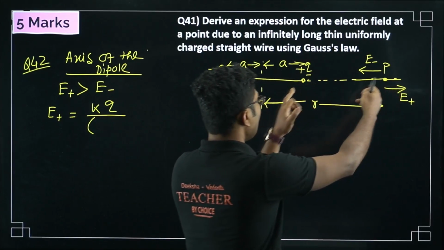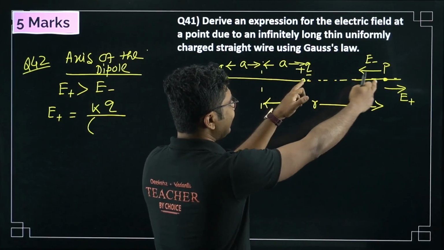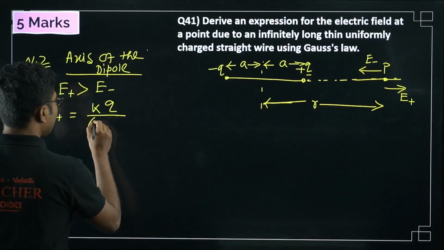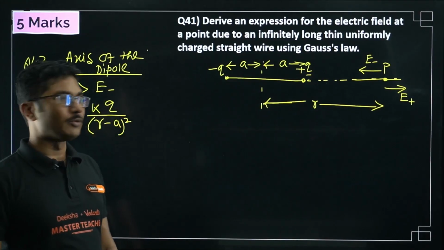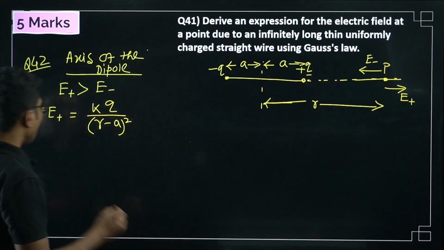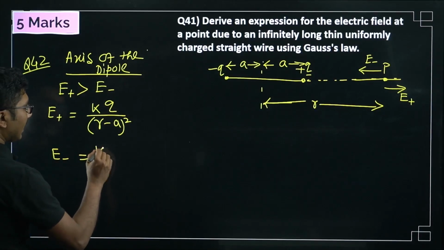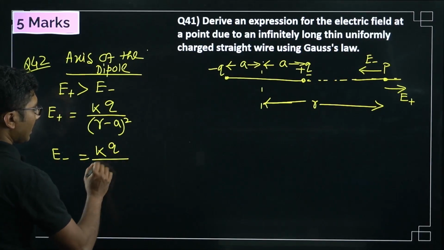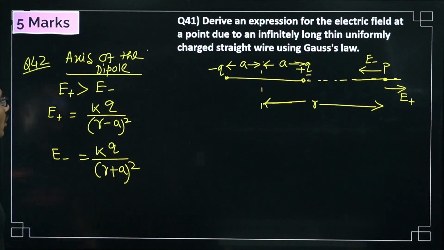The total distance is r, minus a is this, so r minus a. The formula is kQ by r square, but here the distance is r minus a. So E plus is kQ by r minus a whole square. What is E minus? E minus is kQ by r plus a whole square.